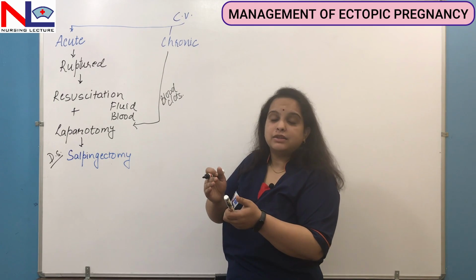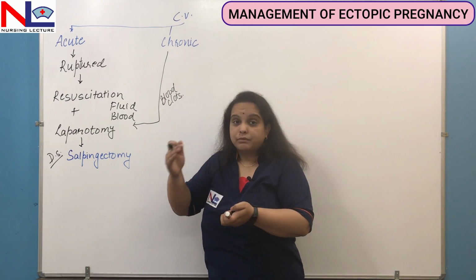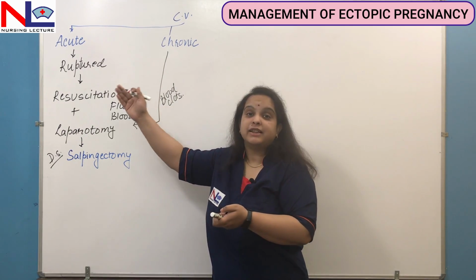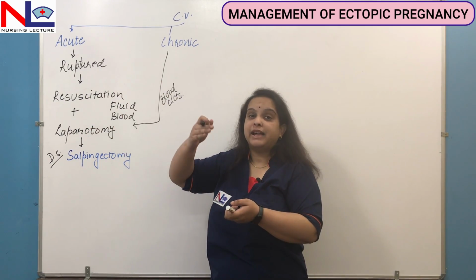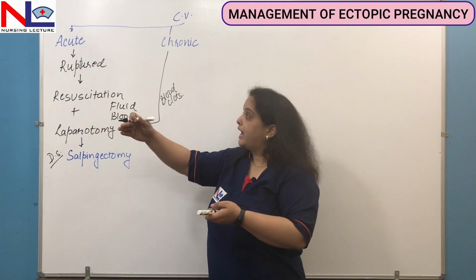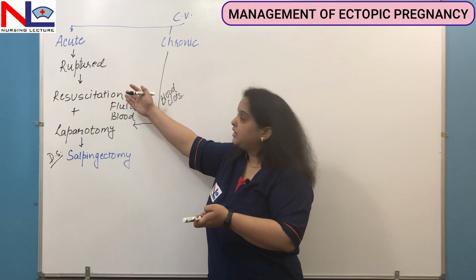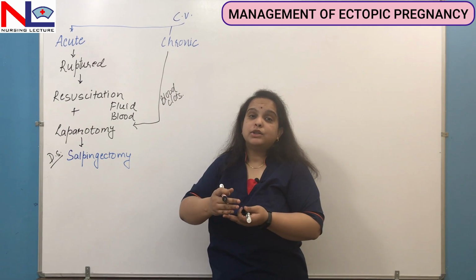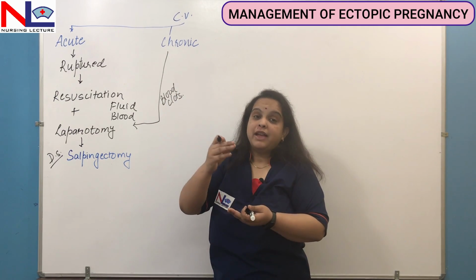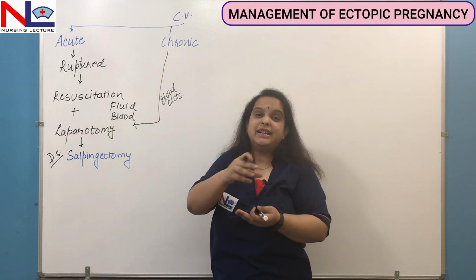Yes, the chronic variety is not as emergent a situation as the acute one, where the woman shows symptoms abruptly and lands up in a hemodynamically unstable situation. But in chronic also the tube is damaged and ruptured at many sites.